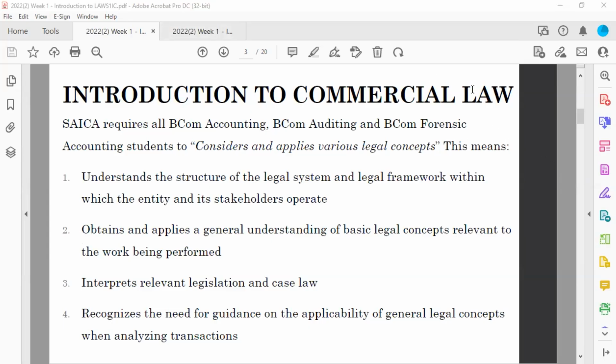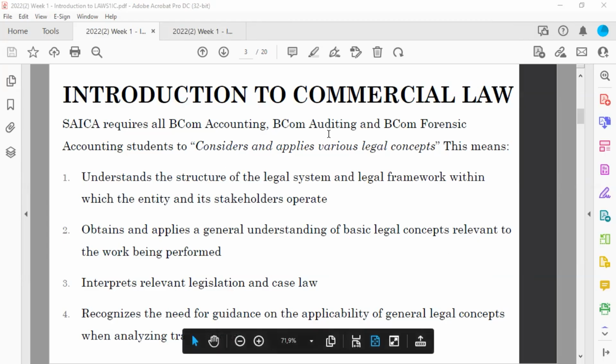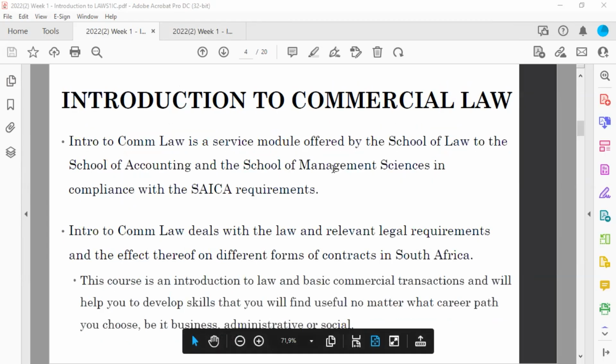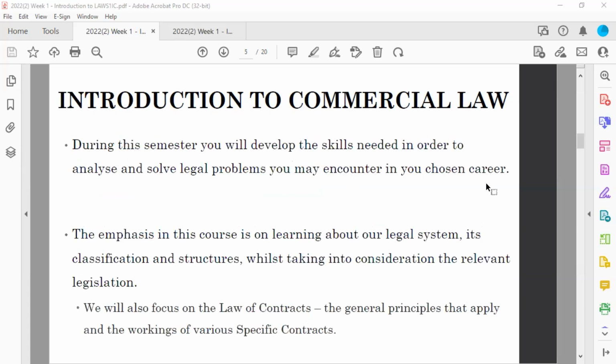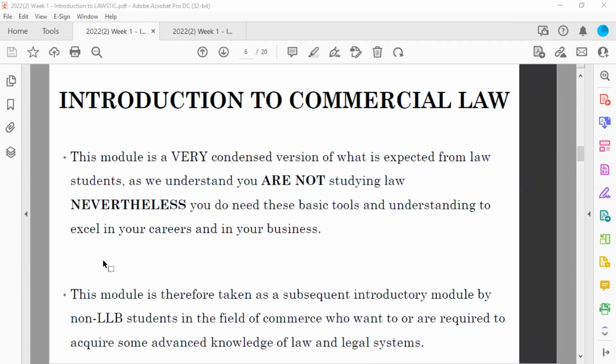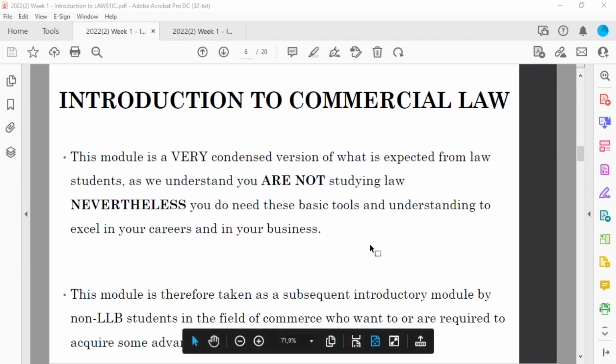Okay, so this first little bit is just to say, what is the aim of the Intro to Commercial Law? Why do we need to do it? This is a service module offered by the School of Law to the BCom students. And hopefully this will develop not just your logical reasoning skills, but also give you an understanding of the law and how you fit into that world of the law.